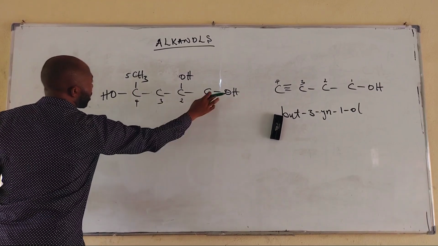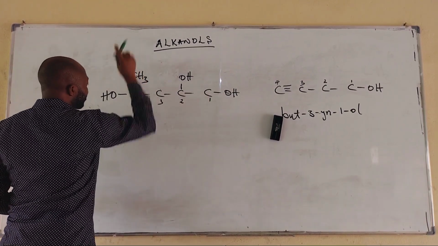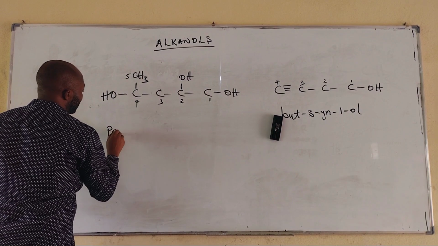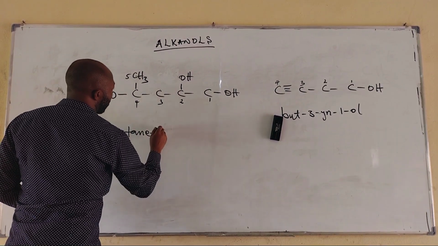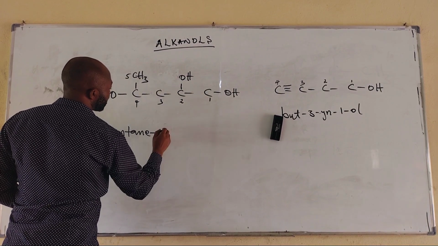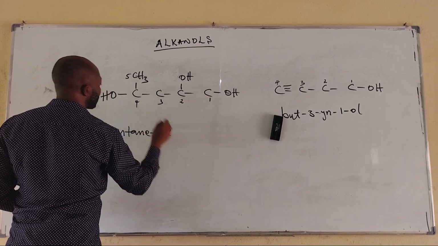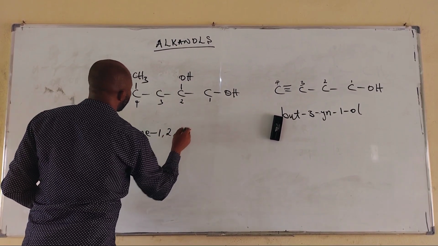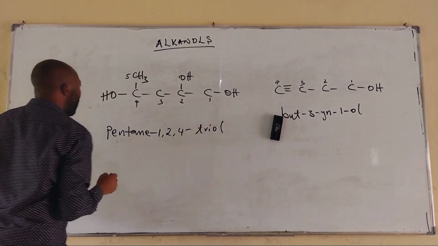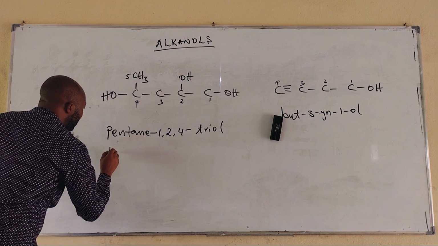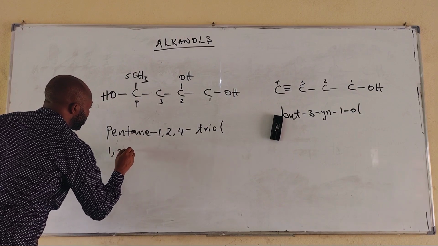Let me just write it again. It is 1, 2, 3, 4, 5, which is pentane, 1, 2, 4 triol.